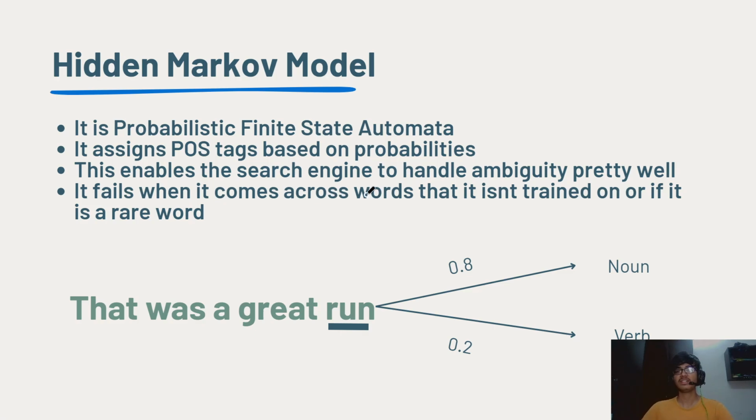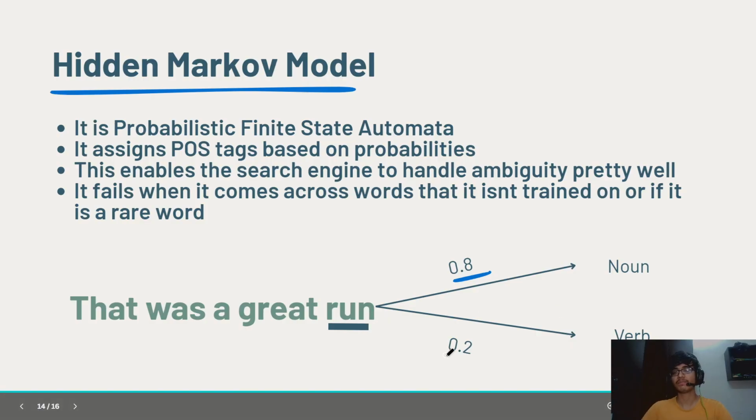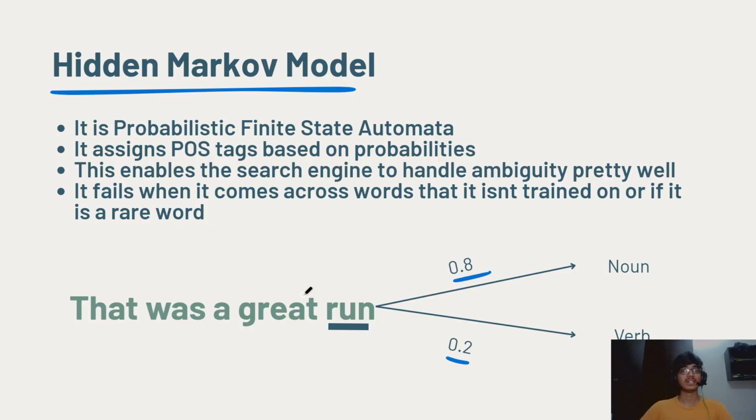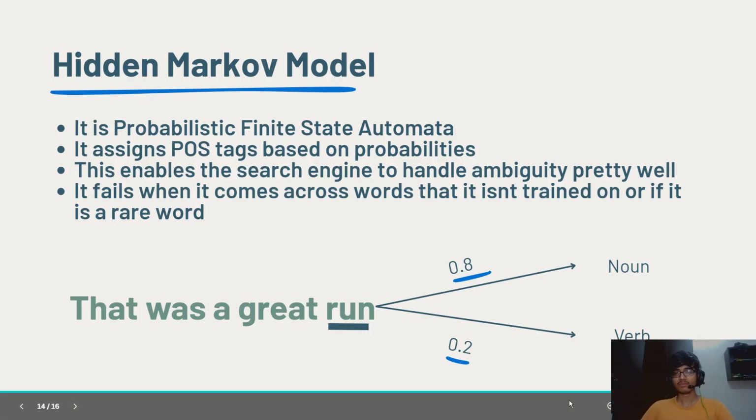The AI is trained with large amounts of data, with large amounts of examples, so that when it encounters a sentence like "that's a great one," it finds that the probability of the word one being a noun is some amount, and the probability of it being a verb is some amount, given the context of the words before it. That is also important. Based on that, it assigns probabilities to each word, mapping it to its parts of speech tags.